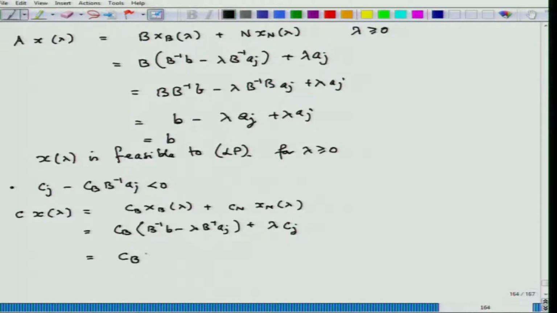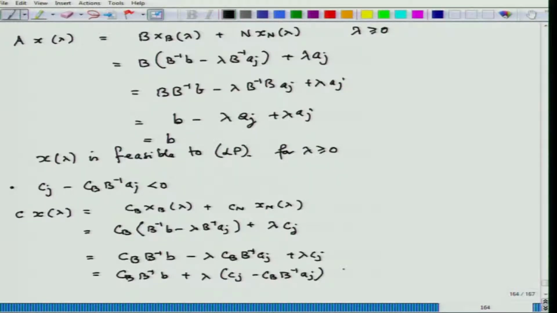So, Cb B inverse B minus lambda Cb B inverse Aj plus lambda Cj. So, this is Cb B inverse B plus lambda into Cj minus Cb B inverse Aj.